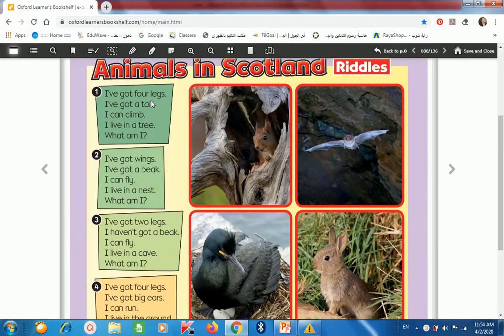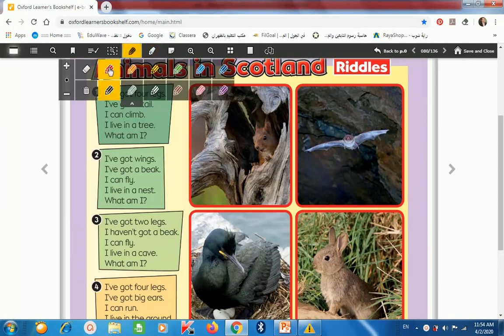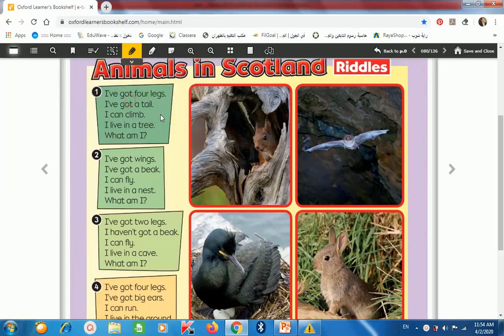I've got 4 legs. Think carefully. Which animal have 4 legs? I got a tail. I can climb. I live in a tree.